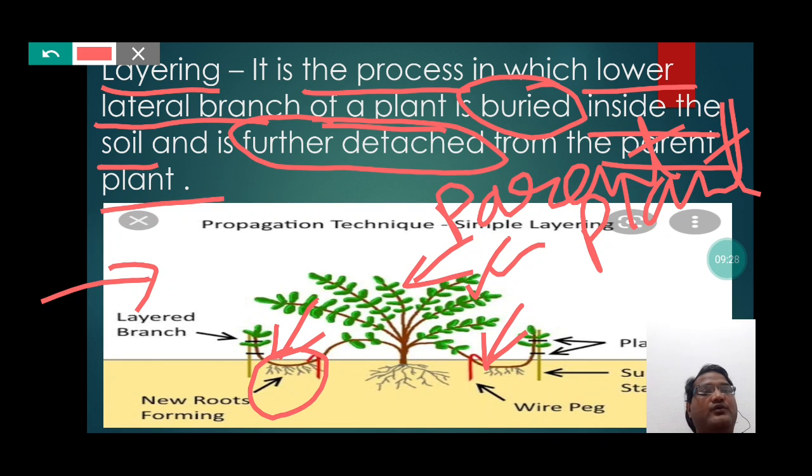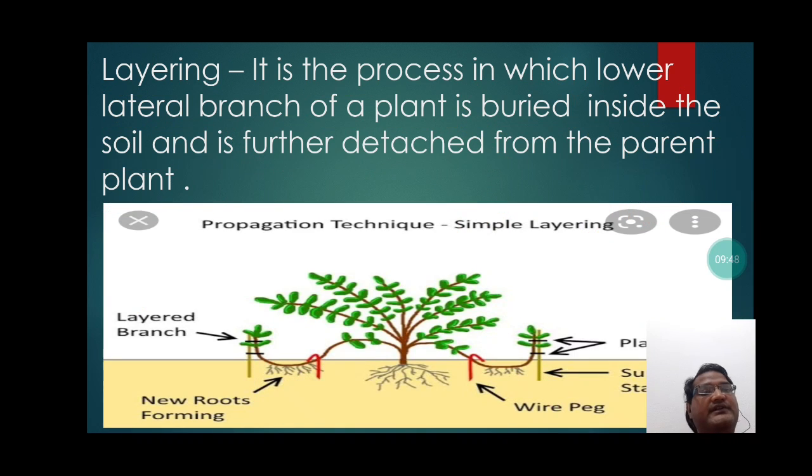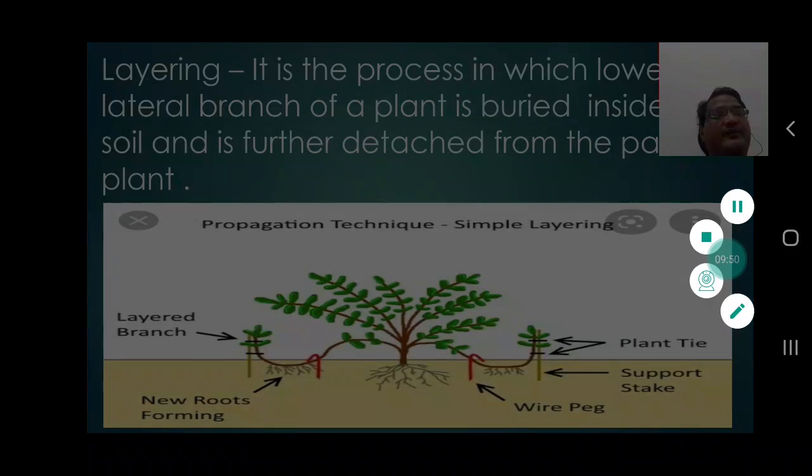And students, you can notice that the lower lateral branch further develops roots. When the lower lateral branch, which was buried deep inside the soil, develops the root, then it is further detached from the parent plant.